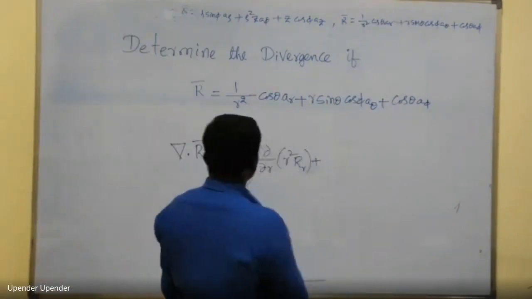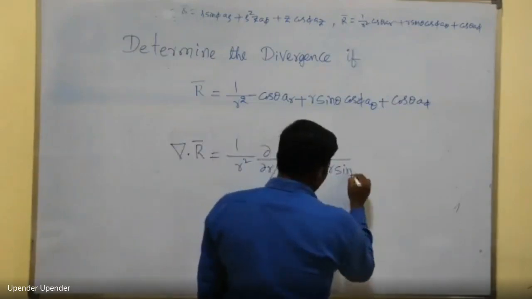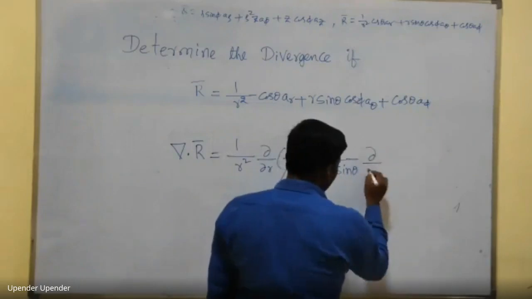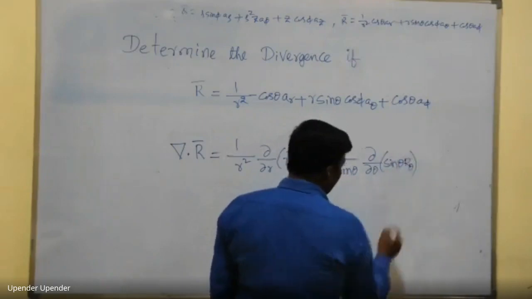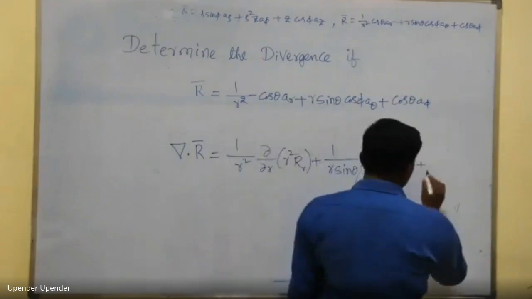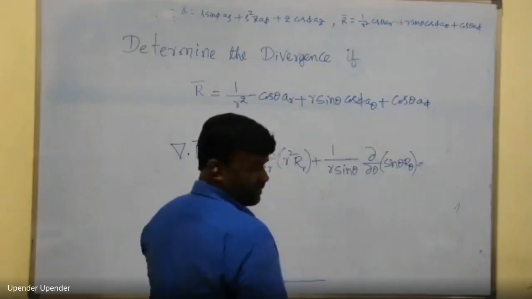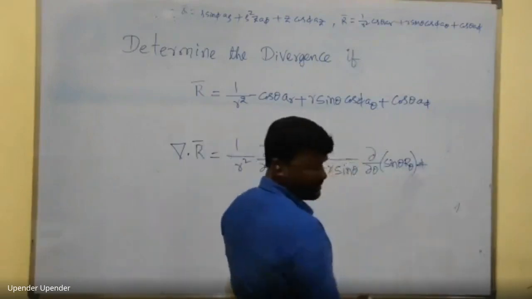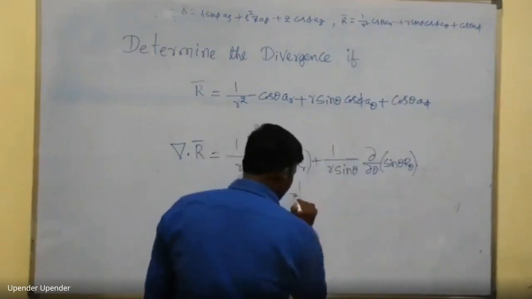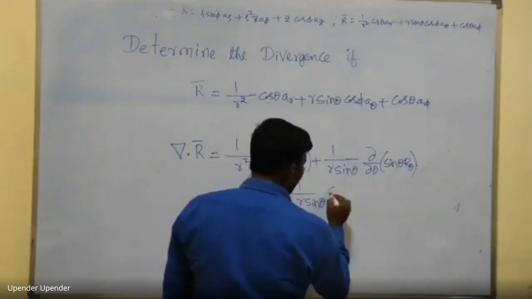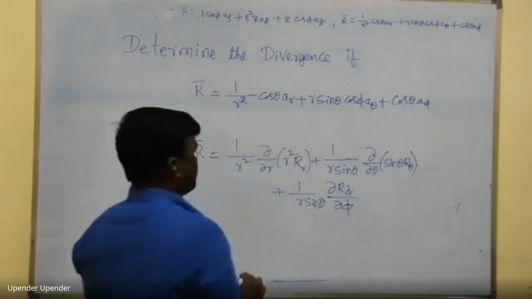And next, for theta we can write 1 by r sin theta dou by dou theta of sin theta R theta, plus 1 by r sin theta dou R phi by dou phi.